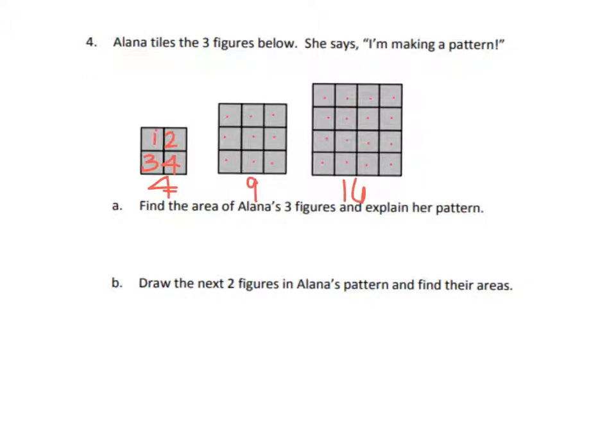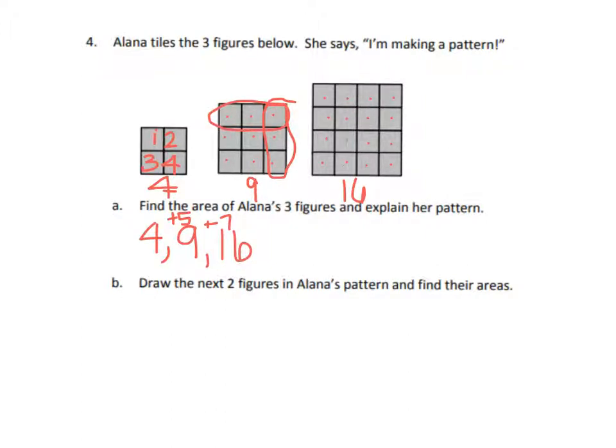So what do you think her pattern is? Well, I know to go from 4 to 9, I need to add 5. To go from 9 to 16, I need to add 7. So it looks like that's not really helping me out too much. So let's take a look at our pictures. The first thing I notice is that it looks like there is an added column and then an added row.